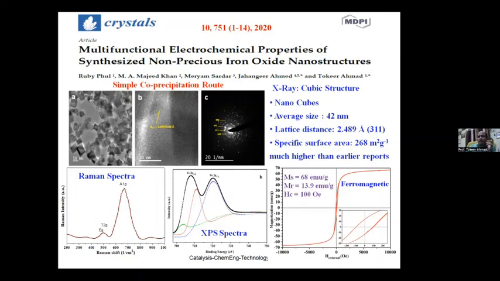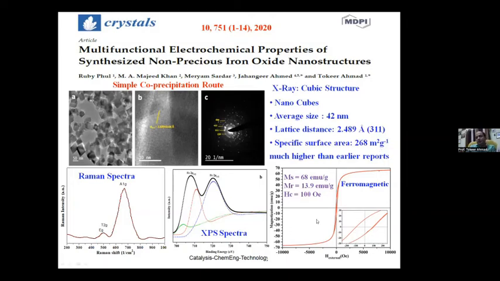So to check whether we have monophasic Fe3O4, we do Raman and X-ray studies. Both studies show that monophasic Fe3O4 nanoparticles were obtained, and this Fe3O4 had a very high surface area of 268 meters squared per gram, which was higher as compared to other reports.